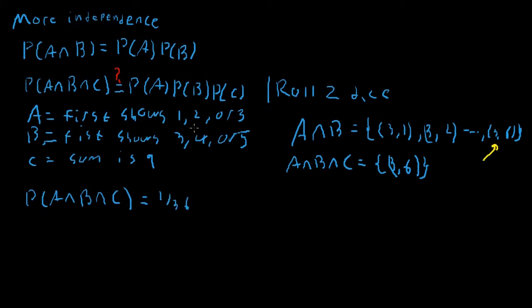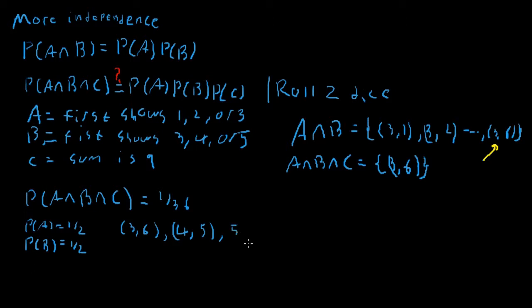Now let's work out the product. Well, all of the outcomes are equally likely, so the probability of A is a half. The probability of B is a half. And what's the probability that the sum is 9? Well, we could get 3,6. We could get 4,5.